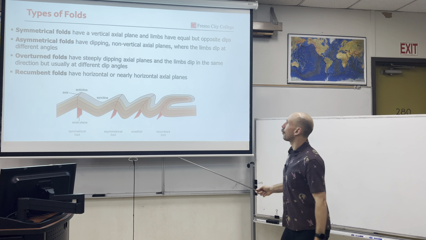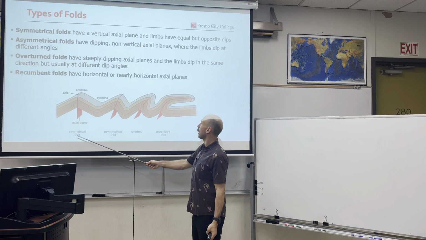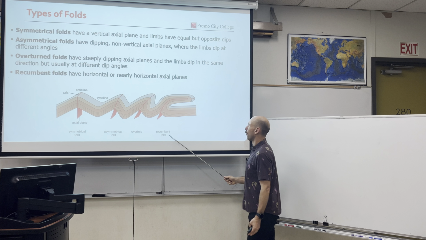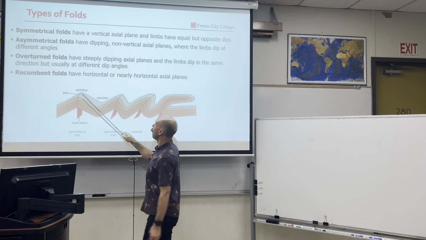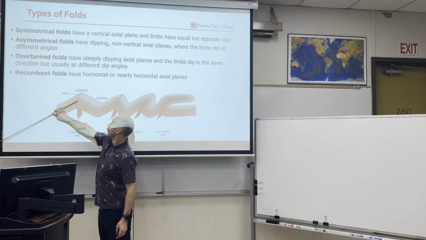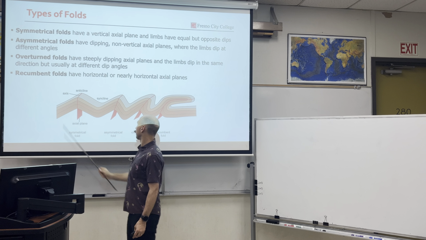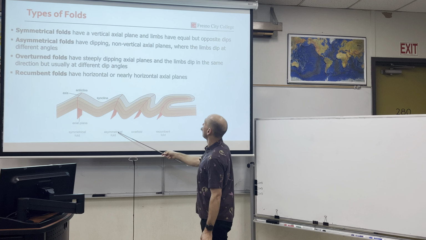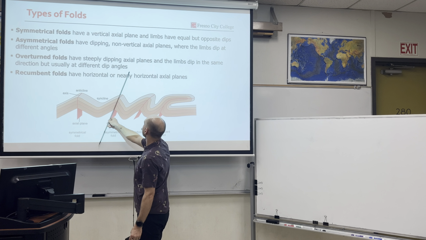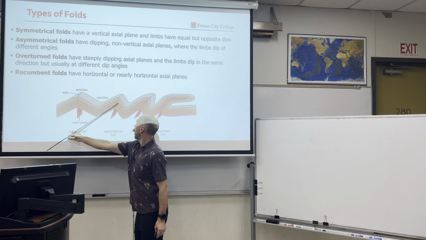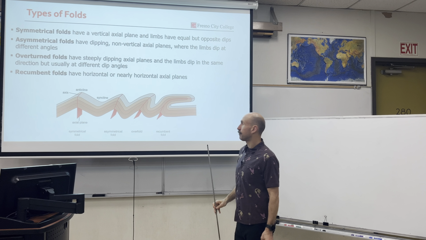Great. So this gives us a few different types of folds. And right now we're looking at these four down here. We have symmetrical folds where the fold limbs are symmetrical about the axial plane. We have asymmetric folds where you have a non-vertical dipping axis and then slightly different angles for the beds on either side of the axial plane.